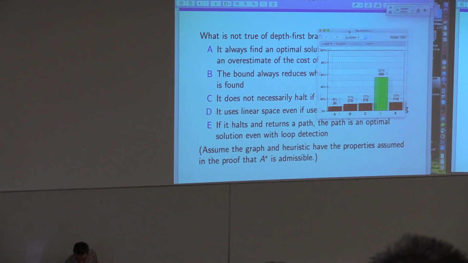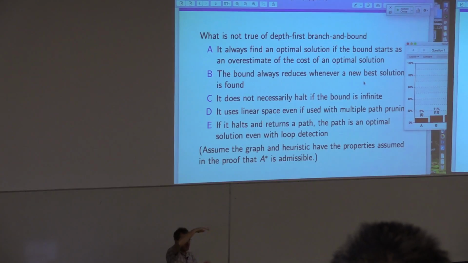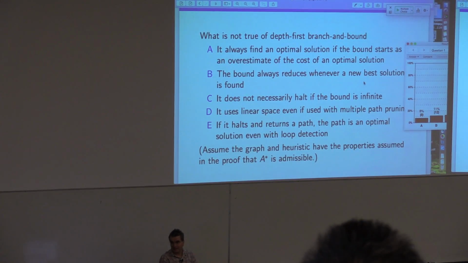Actually, a sizable number of people answered all of them. If the bound starts as an overestimate, it always finds a solution, right? Because there's only a finite number of elements.